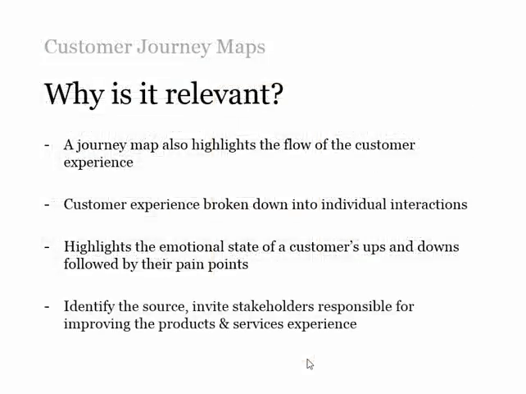Okay, so the journey map or the experience map allows you to invite stakeholders responsible for improving or developing the products and services, because you are able to identify the source. Say for example, from the journey map of parking your car, tearing a coupon, leaving the car, and estimating the time that you have taken.